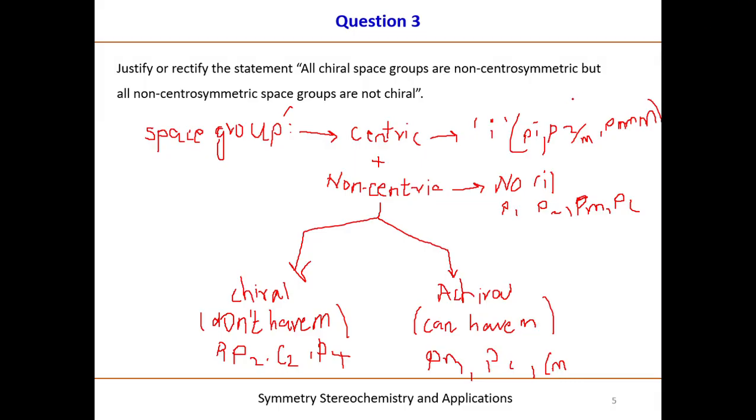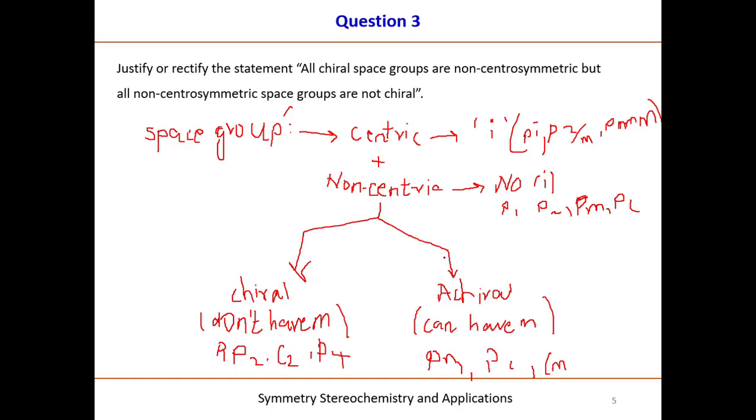But the second sentence says that all non-centrosymmetric space groups are not chiral, because non-centrosymmetric groups are divided into two types, chiral and achiral both. If the center of inversion is absent, that doesn't mean it is chiral, because it can contain a mirror plane, and then it becomes achiral.